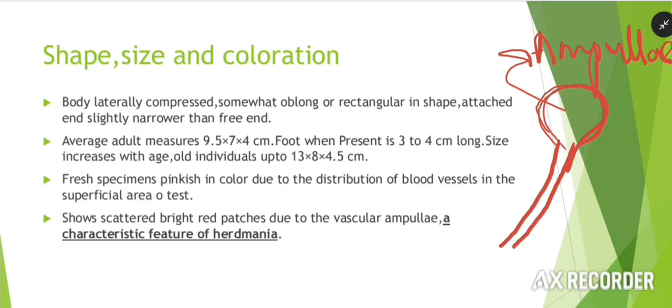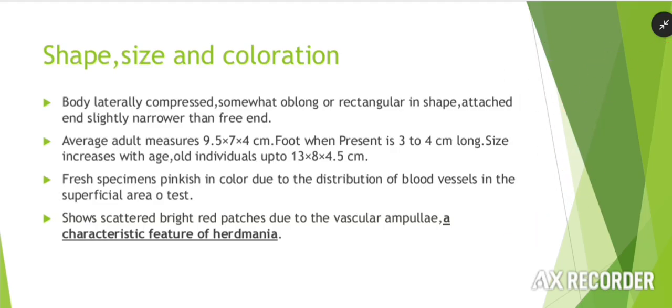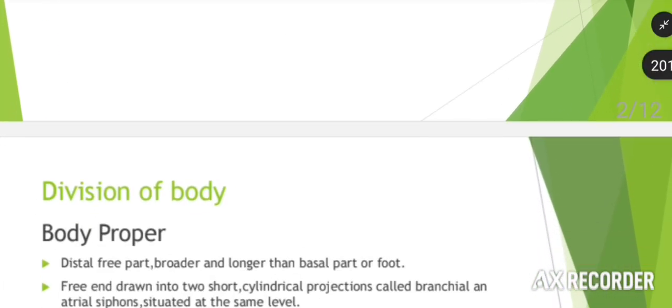This swollen region is known as vascular ampullae. So blood vessels are present in the test. These blood vessels get swollen at their terminal ends to form vascular ampullae. Ampullae is the swollen region. So that is the reason that red patches are visible on the surface of Herdmania. So let's proceed further.